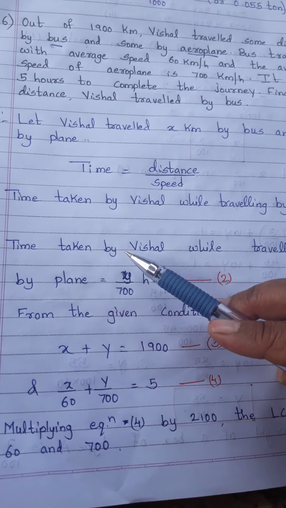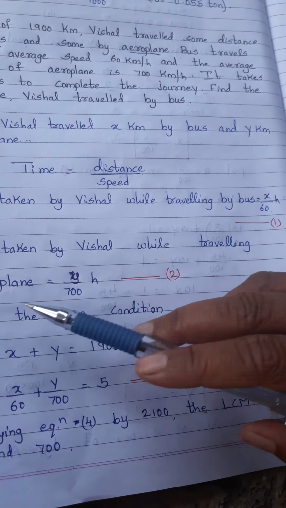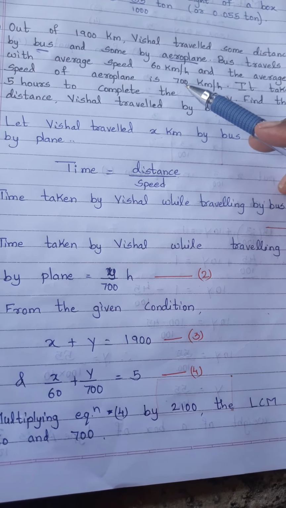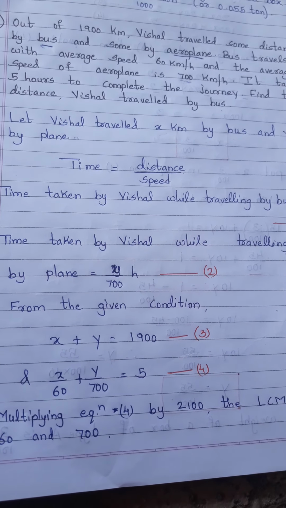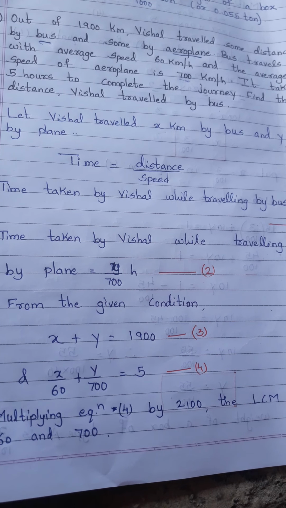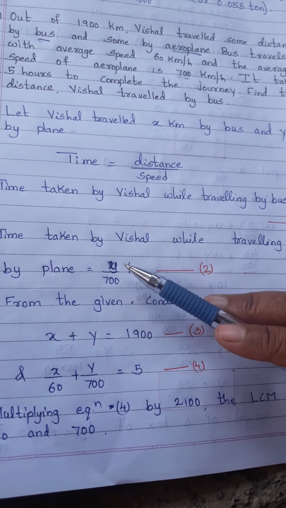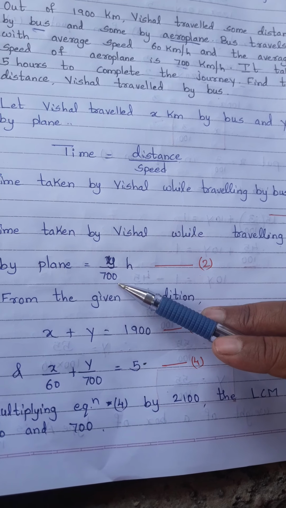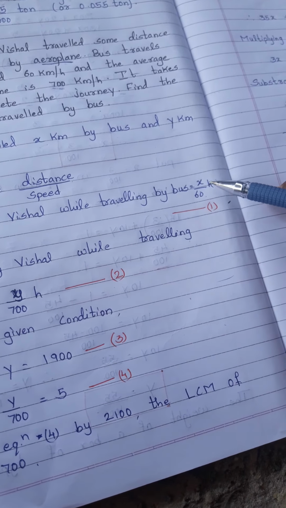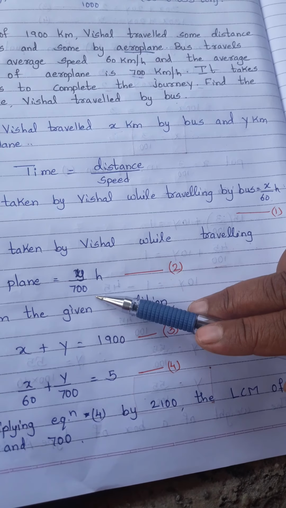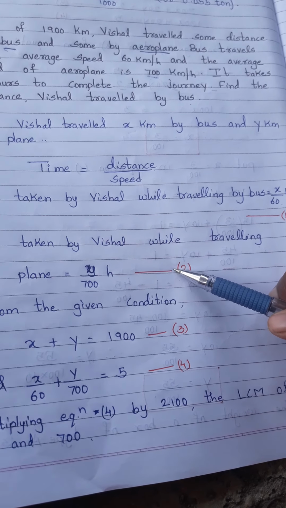And the time taken by Vishal while traveling by plane: here the average speed of the plane is 700 and we consider the distance as y kilometers. So it will become y divided by 700 hours. Here x upon 60 hours is 1 and y upon 700 hours is 2.